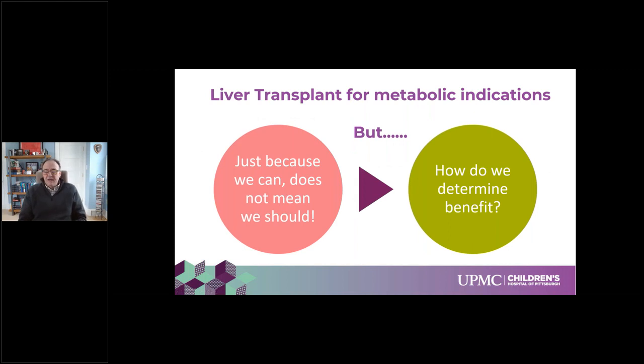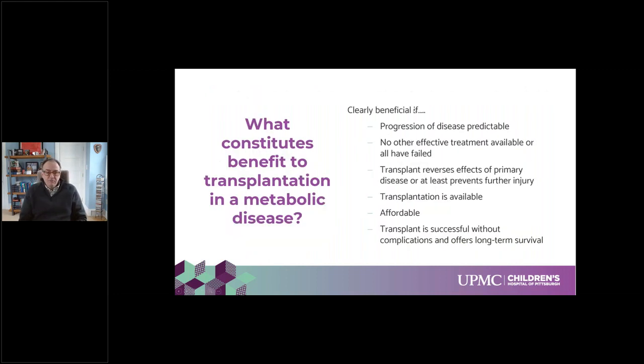So liver transplant can be done for metabolic diseases, but just because we can, does it mean that we should? And if we should, how do we determine which patients will benefit? So I've come up with a sort of theoretical, hypothetical list that says that liver transplantation would clearly be beneficial if we were very clear about the progression of the disease.